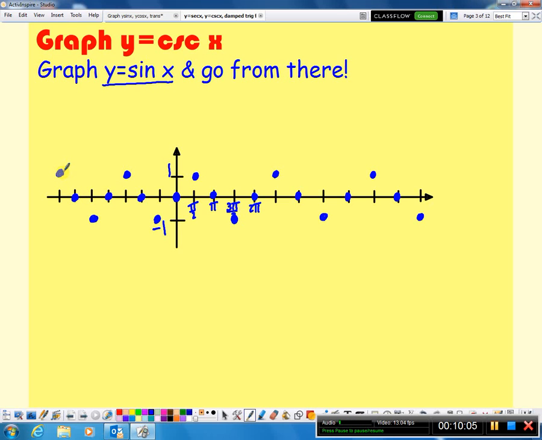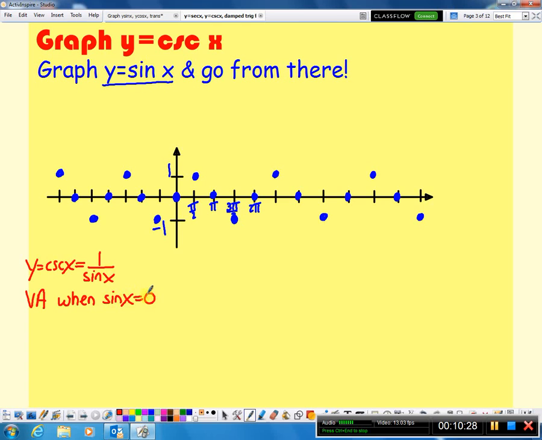Now, if I repeat the same idea as I did a little while ago, since y equals cosecant x equals 1 over sine x, then the vertical asymptotes will occur when sine x equals 0.